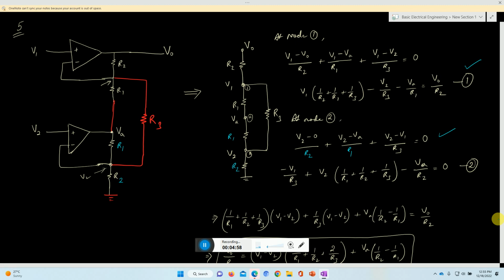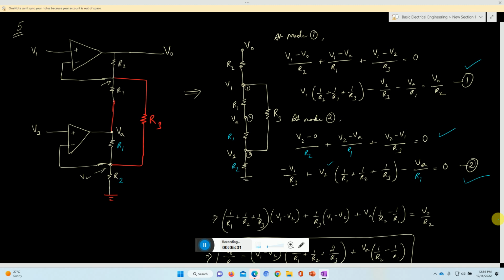We can rewrite this as V1 by R3, correct? All the V2 terms will be the same. Here also it will be correct, because we are just interchanging, otherwise the things are the same. And for VA, instead of R2 this will be R1. So the only change in the equation is that VA is divided by R1, and there are no other changes.